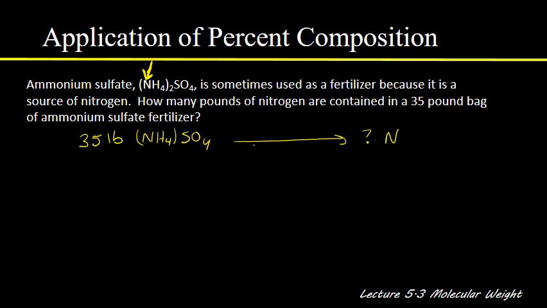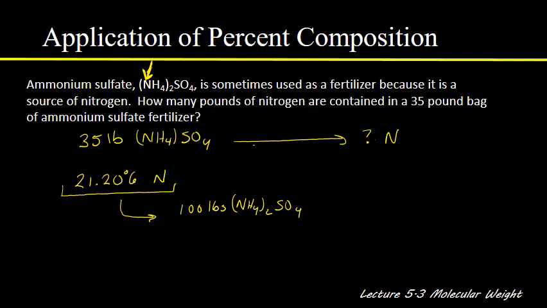Okay. The last page, our calculation told us that ammonium sulfate is 21.2% nitrogen. And remember before when we talked about percentages, we said that what this means is that every 100 pounds of ammonium sulfate contains 21.2 pounds of nitrogen, right?